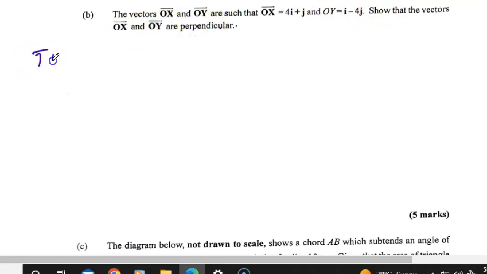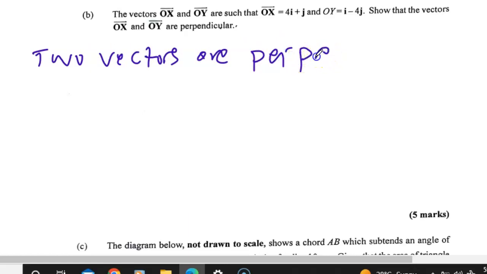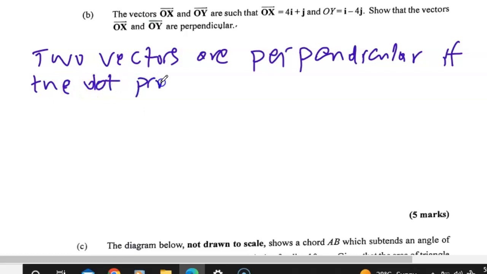So we know that two vectors are perpendicular if the dot product of the two vectors is 0.